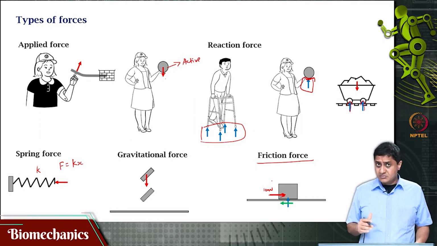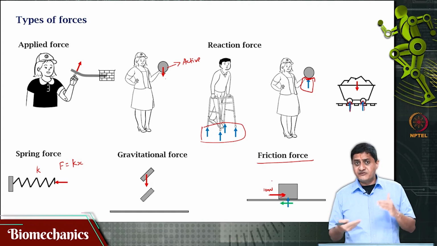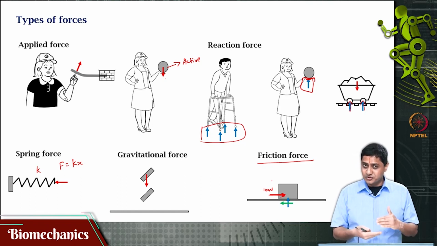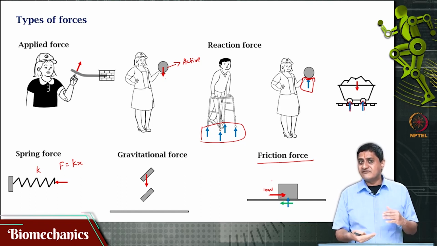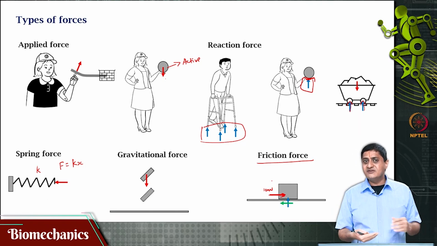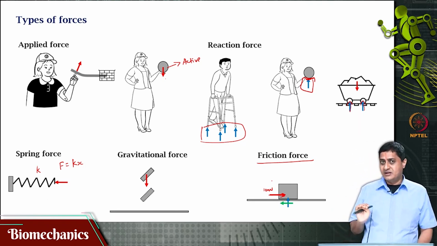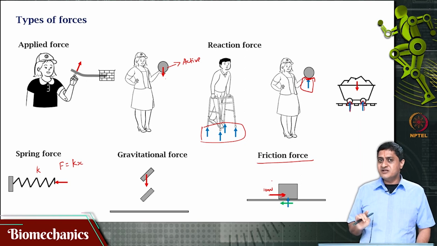Now because the surfaces of the block and the table are rough, are not smooth, because of this reason there will be a force that will oppose motion of this block on the table. That force will always be opposite to the direction of the applied force.